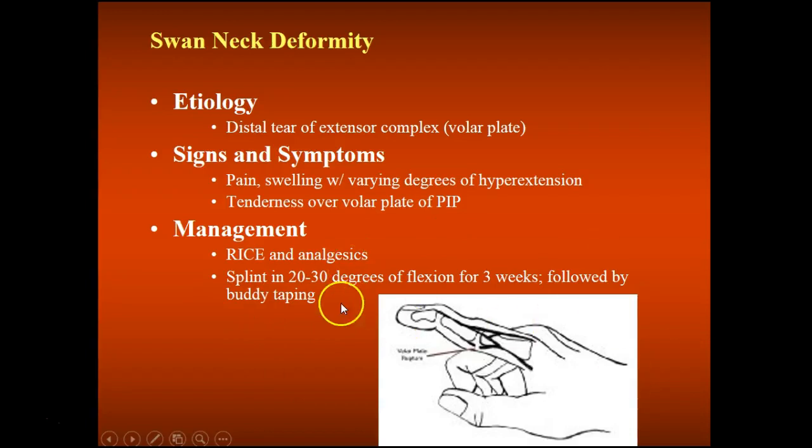And we want to splint the finger in flexion. The reason for that is when we splint the finger in flexion, it brings the two pieces of the volar plate together and it allows them to heal themselves. So you want to splint the finger in a little bit of flexion to take slack off of the volar plate. And then can athletes participate with this? Absolutely. Just do some buddy taping.